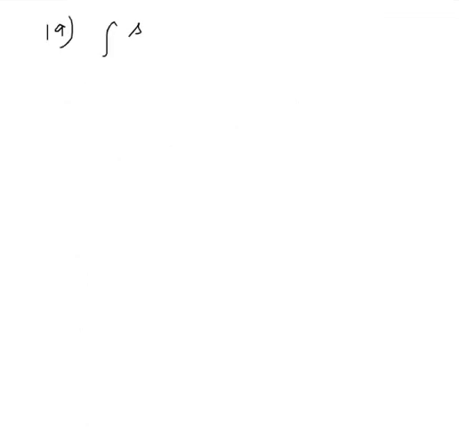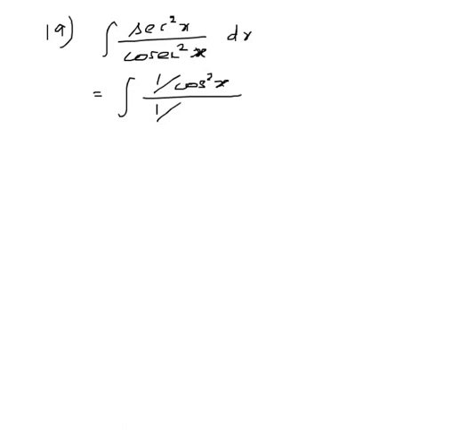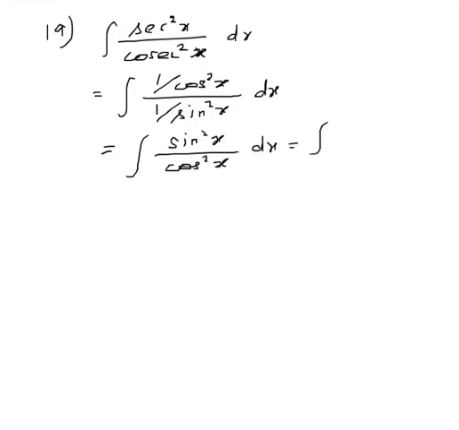Question 19. Integral of secant square x divided by cosecant square x dx. Let us change this in terms of sine and cos. So secant square is 1 divided by cos square and cosecant square is 1 divided by sine square x. Write the reciprocal of the denominator. We don't have a direct integration formula for tan square, but we have for secant square.